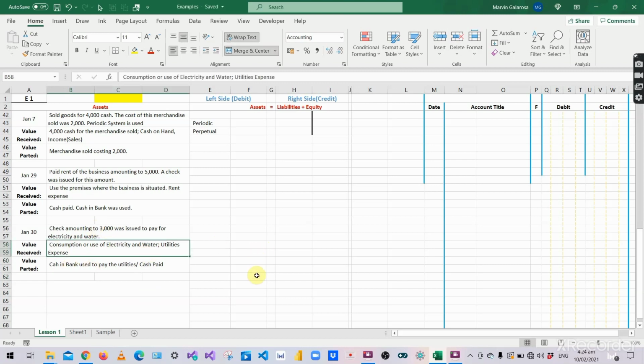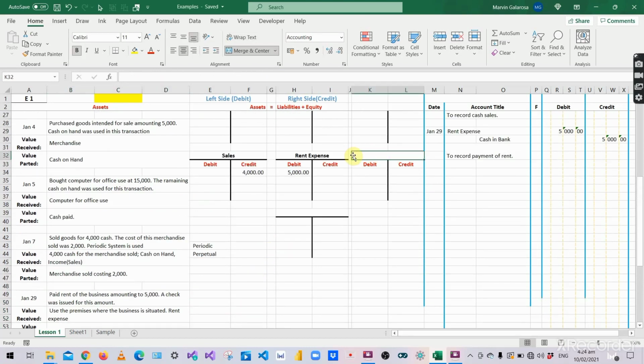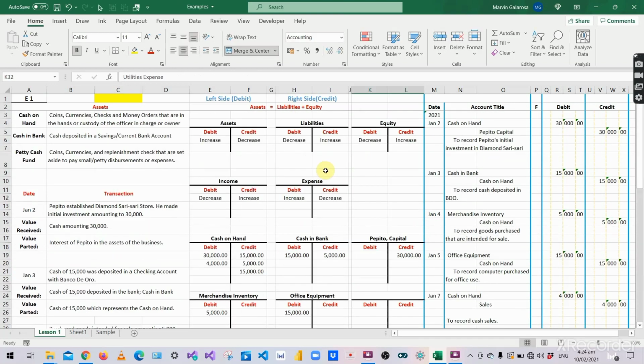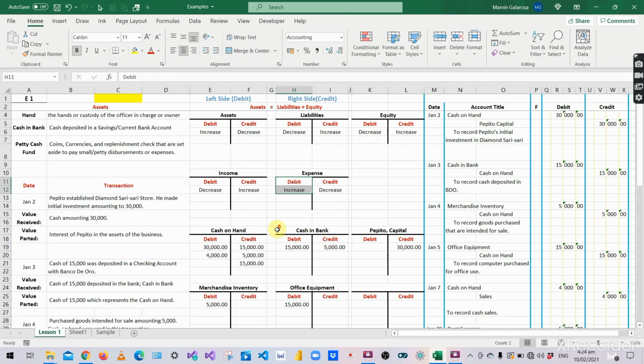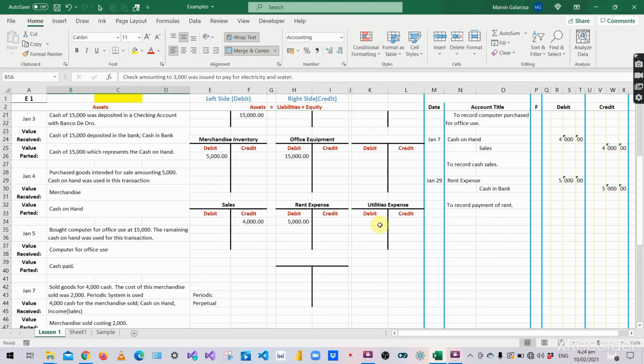So, meron tayong additional na account title, utilities expense. Sa utilities expense, under siya ng expense. And ang increase sa expense, recorded siya sa debit side. So, lagay natin yung 3,000 pesos on the debit side of utilities expense.